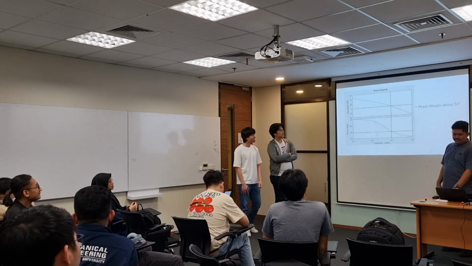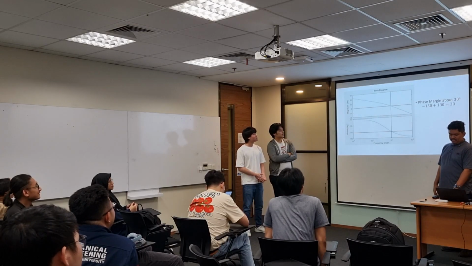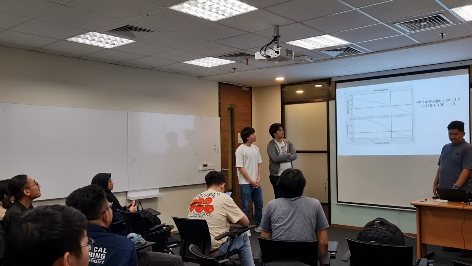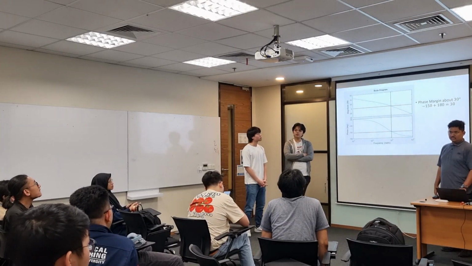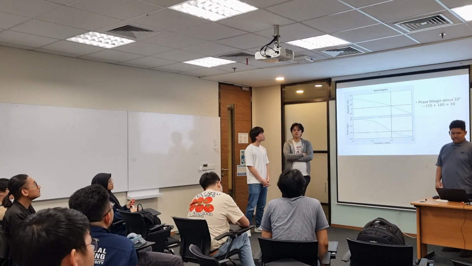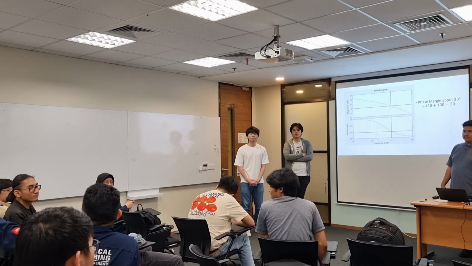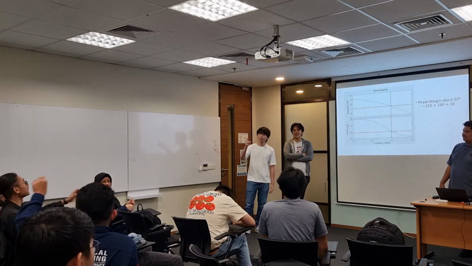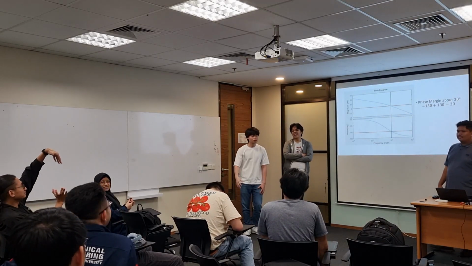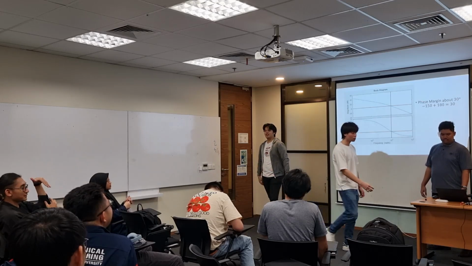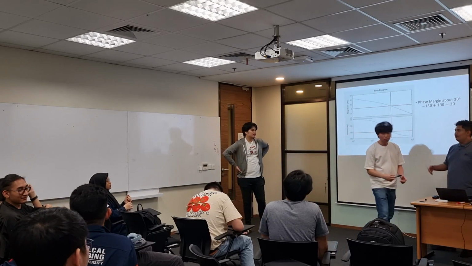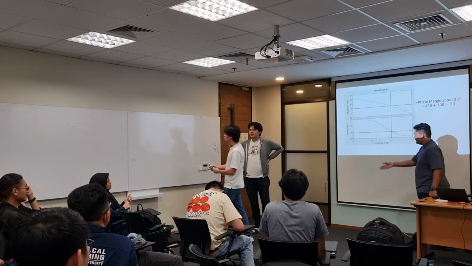The first step is to get the gain crossover: make the gain equal to 1, which is 0 dB.